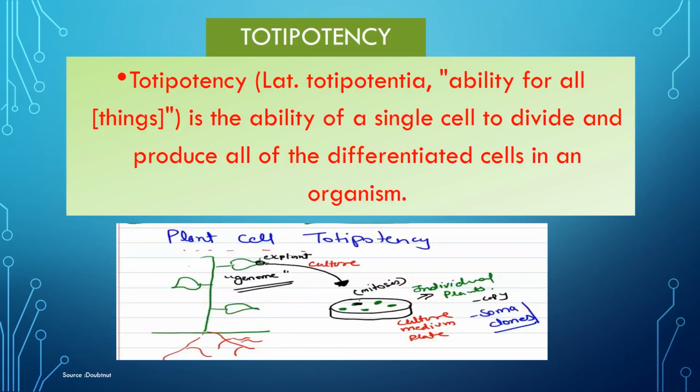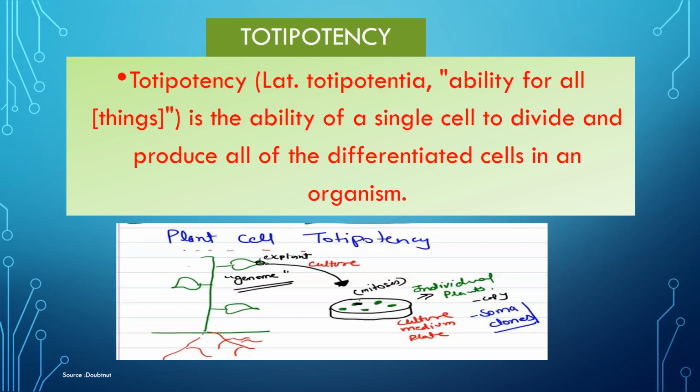Plant cells have a unique property called totipotency. Totipotency is the ability of a single cell to divide and produce all the differentiated cells in an organism. That is, totipotency is an important concept of plant micropropagation. If any part of a plant is excised and placed in a suitable culture condition with carbon source, growth regulators and vitamins, the cell will undergo mitosis.